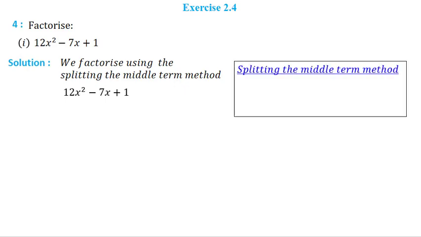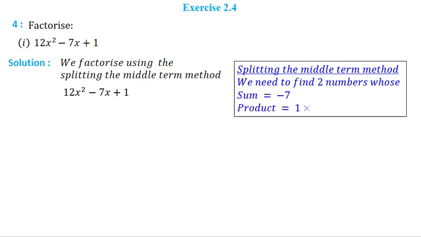Now 4 3s are 12, so I can have those two numbers as minus 4 and minus 3. Now as the product is positive, either both the factors are positive or negative. Now as here the number is minus 7, both my factors are negative.